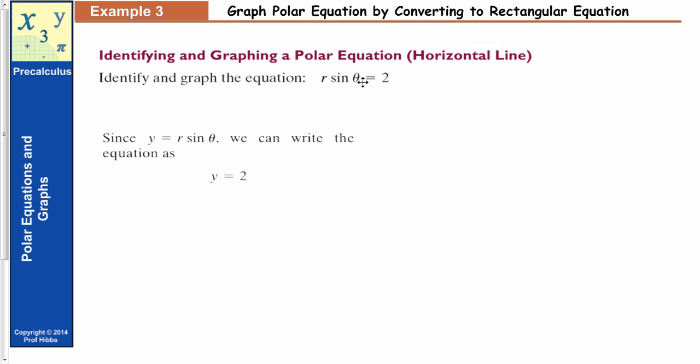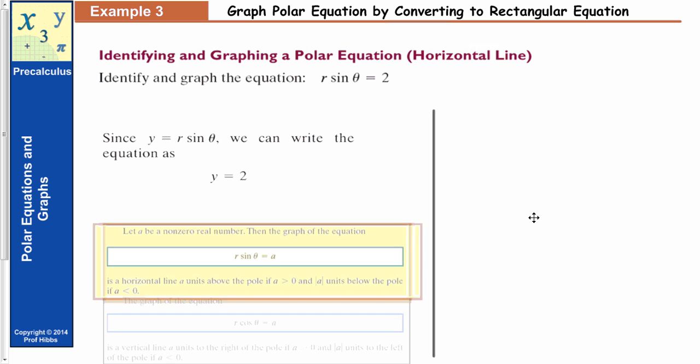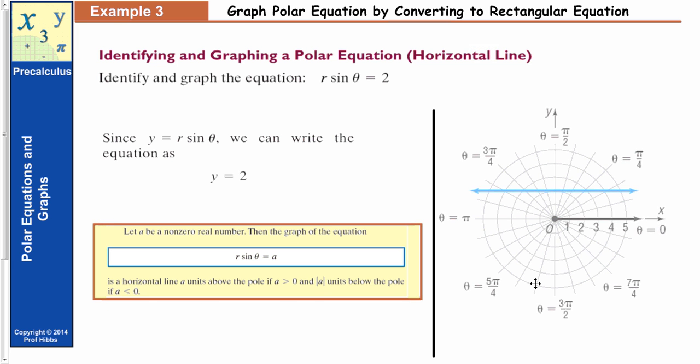But when we recognize that r sine theta can be converted to just a y when we're dealing with polar coordinates versus rectangular coordinates, then we can replace the left side with y, and so we simply get the equation y equal 2. And of course the equation y equal 2 is a horizontal line. And it's the horizontal line that would be through the y value of 2.